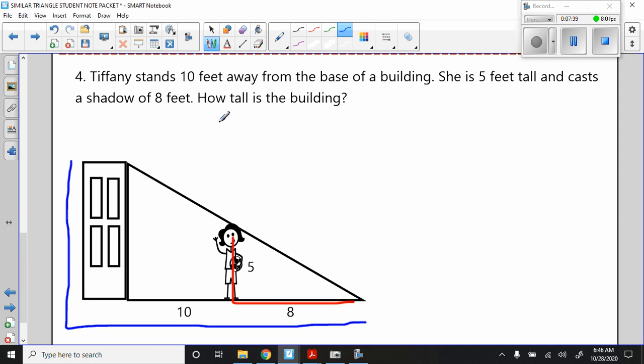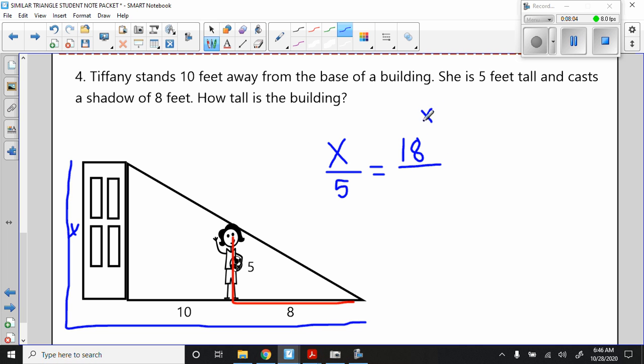How tall is the building? I'm going to put height on top of height. Here's my variable, x over 5. That's the easy part. Now you have to put the entire bottom. That is not 10. The entire bottom is 10 plus 8.